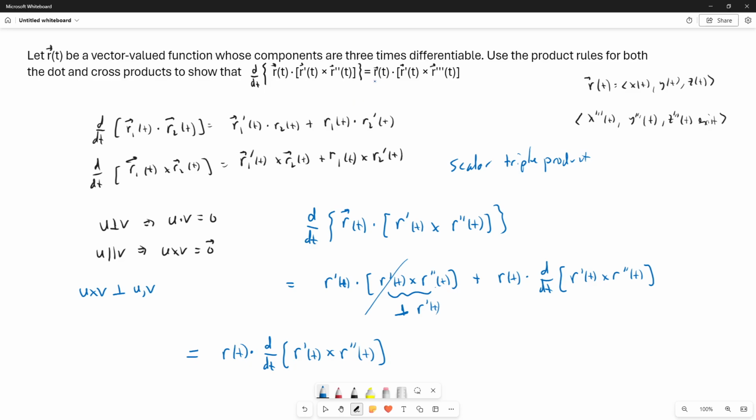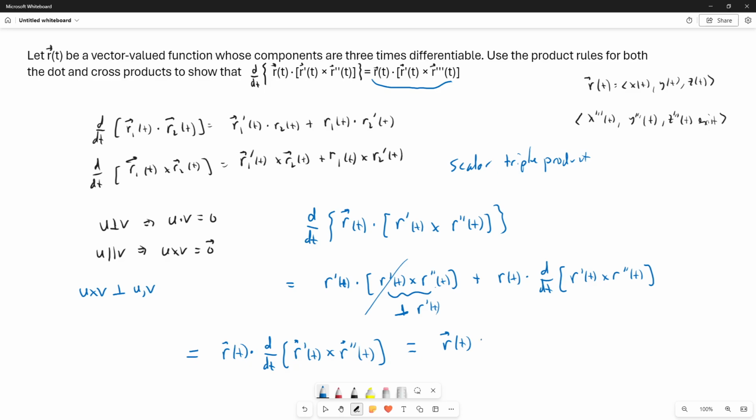And so that's going to immediately give us the result. But let's just go ahead and calculate this derivative and basically recreate that other rule. So all of these R's have arrows over them. There have been so many symbols to write here that I've stopped writing all the arrows, but these are all the vector valued function R of t.